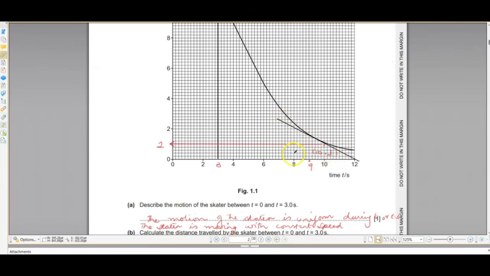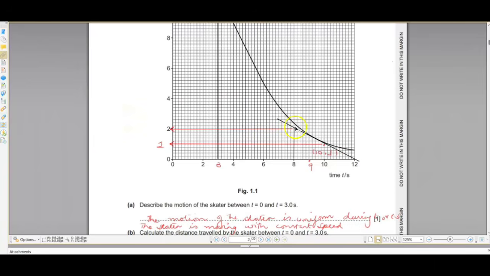Let's take another point. For example, we take this point. This is 8. Okay. And let's look at its corresponding point. So it is going to be 2, almost 2.